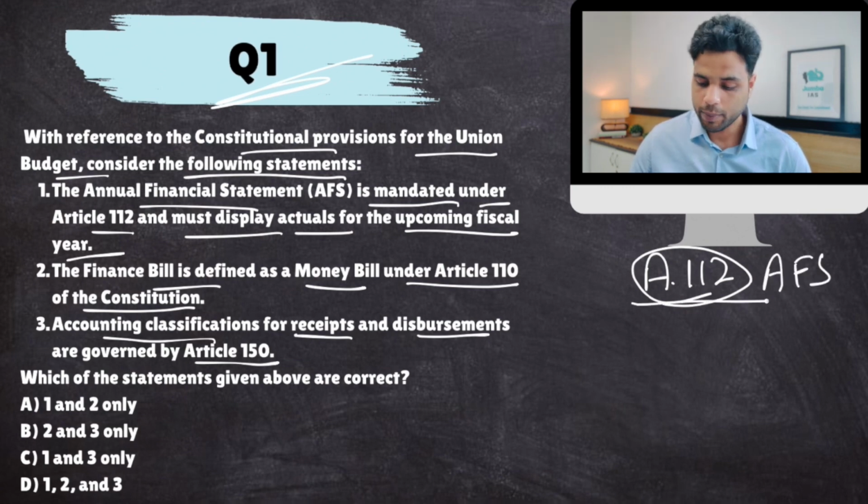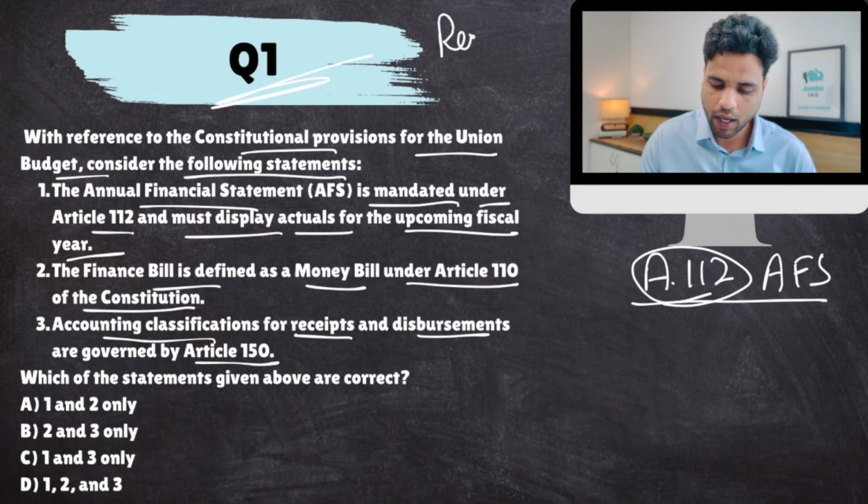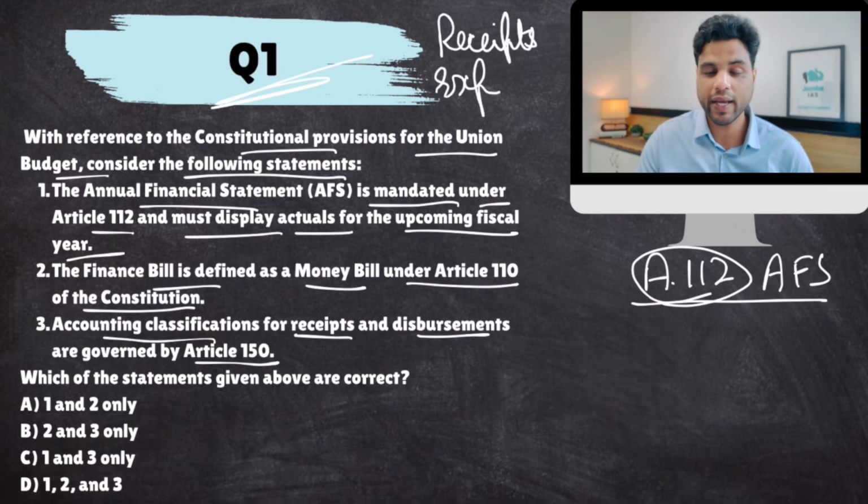Now, the budget document gives you estimates of receipts and expenditure of 3 years. Yes, we all know that the budget is nothing but an accounting of receipts and expenditure of the government, but these are provided for 3 years.